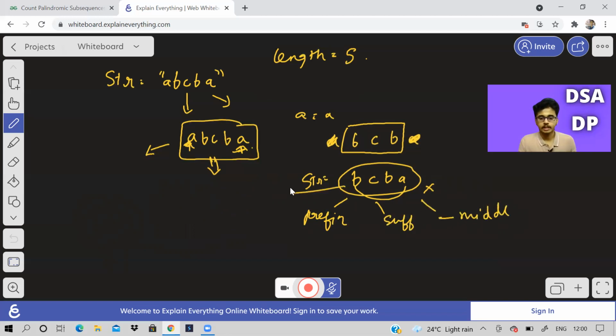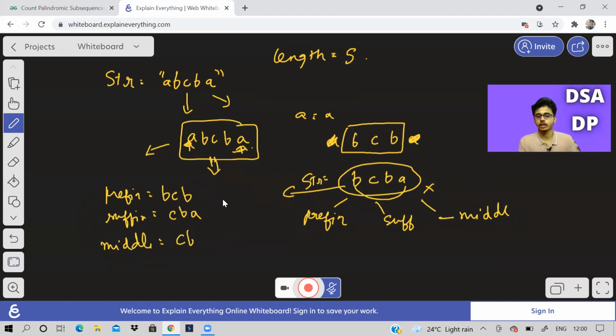Because see, in this case, what is the prefix going to be? The prefix is going to be BCB. Forget the last character. What is the suffix going to be? Forget the first character, CBA. And what is the middle part? The middle part is going to be CB. How many are here? B, C, B, BB, BCB.